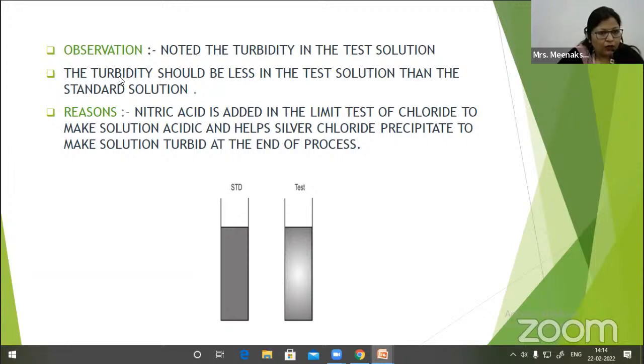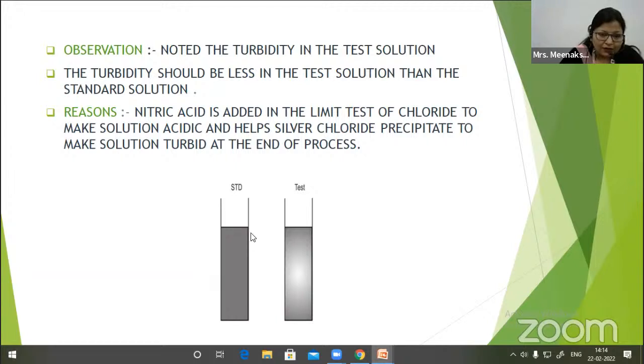So now I wanted to explain what turbidity and opalescence are. What is the difference between the two solutions when precipitates have been formed here? Because the precipitates formed are AgCl. When we are talking about the limit test for chloride, AgCl precipitates are formed. So in this solution, AgCl precipitates will make the solution turbid, right?